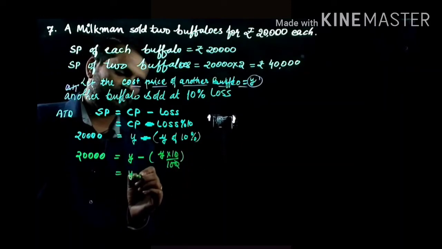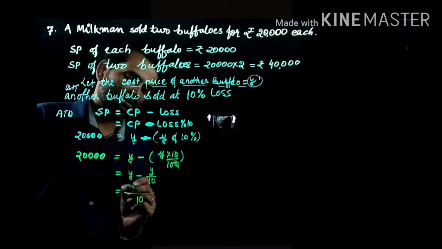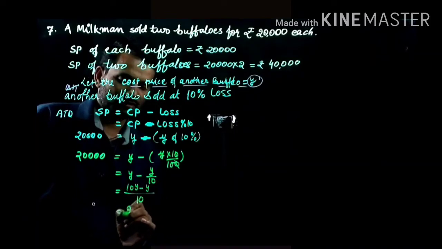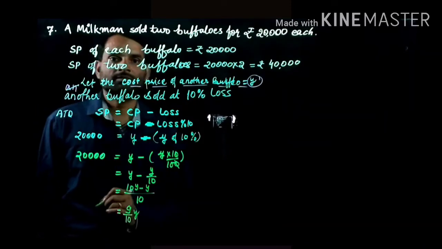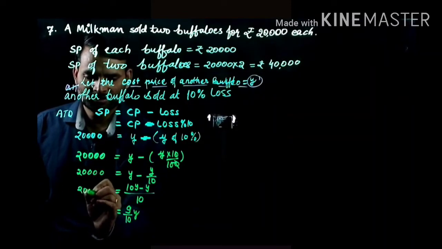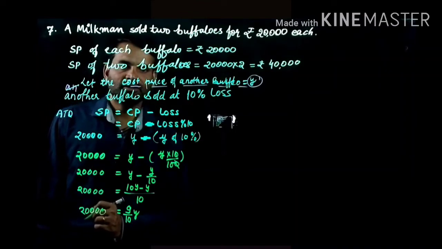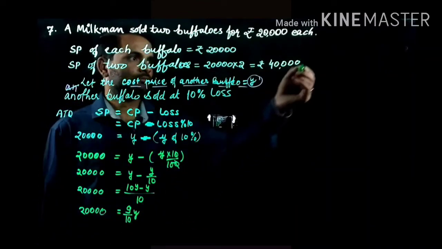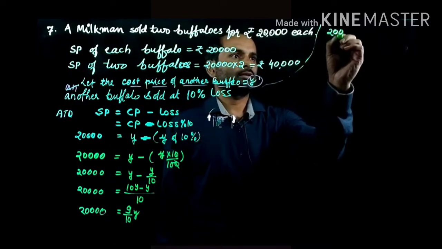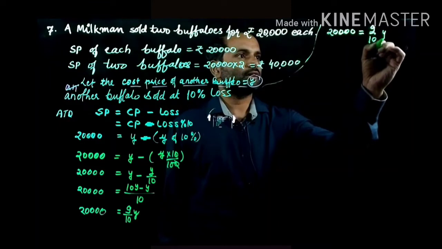It is Y minus Y upon 10, after LCM you have 10, and 10Y minus Y is equal to 9 upon 10 Y. So 20,000 is equal to 9 upon 10 Y. It means the last statement is 20,000 is equal to 9 upon 10 Y.